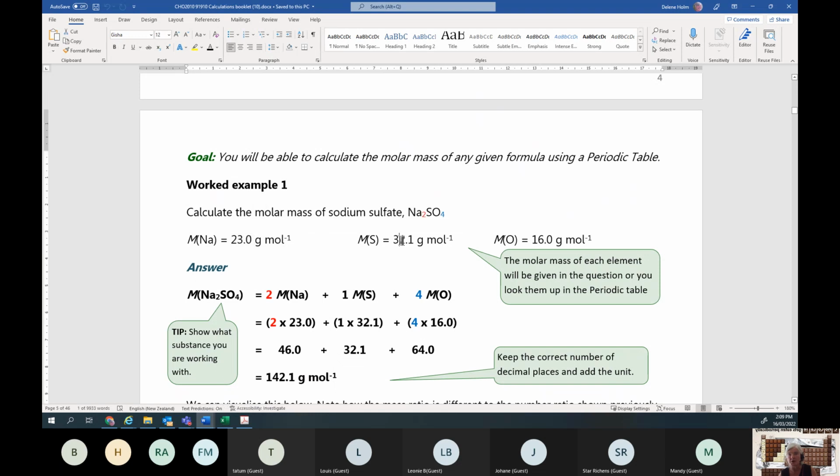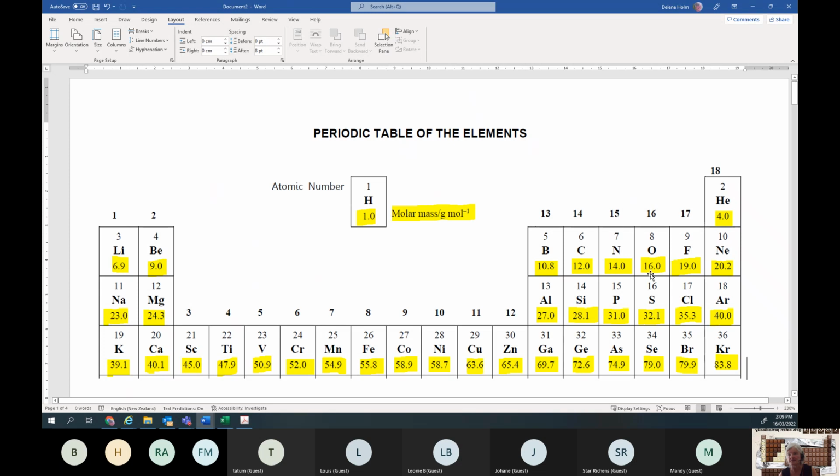The molar mass for sulfur is 32.1. Now notice I'm ignoring the units at the moment. I will get back to those. And the molar mass for oxygen is 16.0. So if I flip back here again, you can see 16.0, 32.1, and 23.0. So you would look that up.